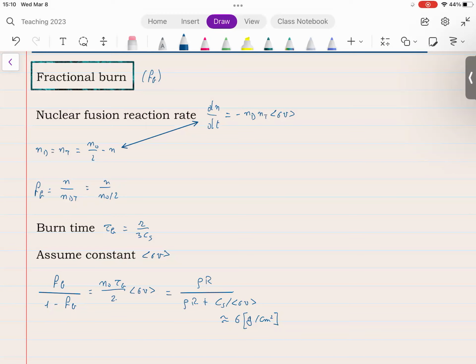And that's valid for certain temperatures that are relevant for ICF. The point being that it is a straightforward calculation to get this burn rate if we make simplifying assumptions, as is often the case in physics.